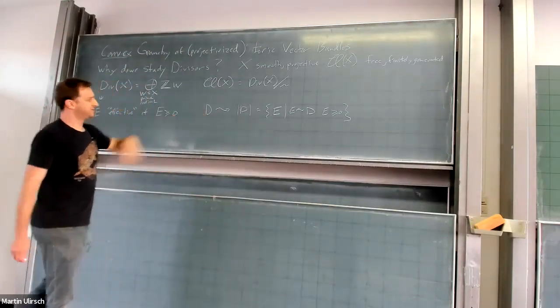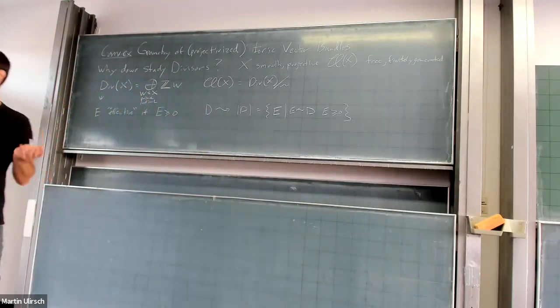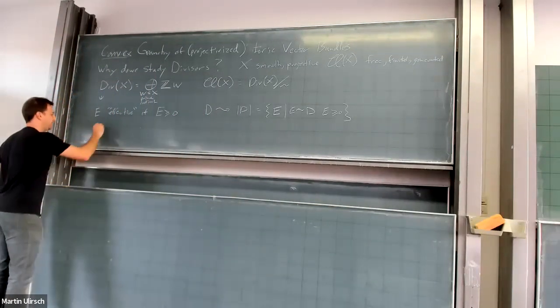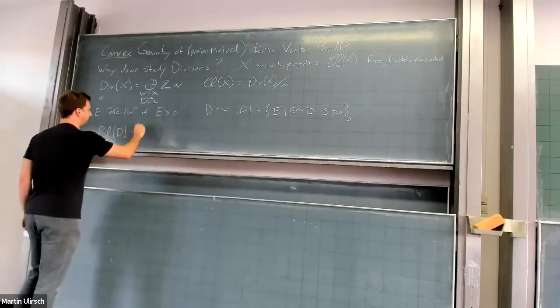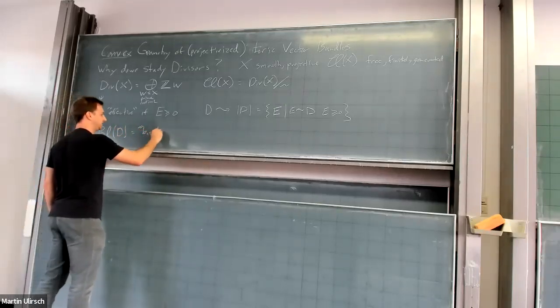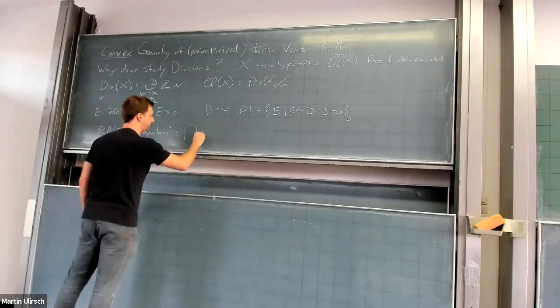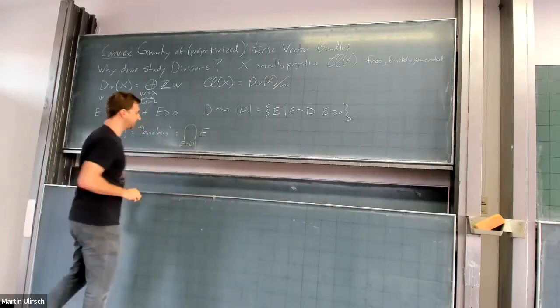All right, so once you have this notion of this linear series, you get to the point of why you might want to study divisors. So I'm going to let BL denote the base locus, and this is the intersection of all of the linear series.